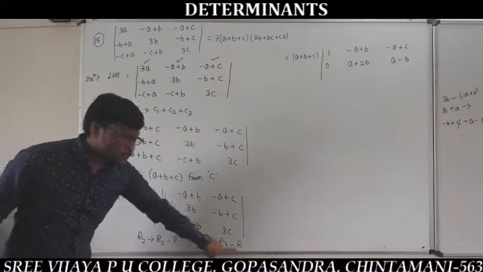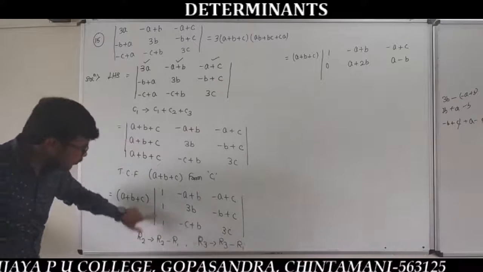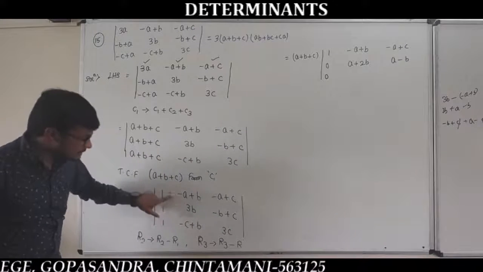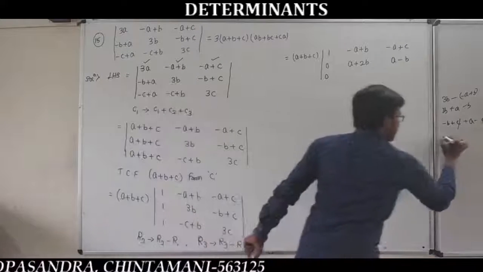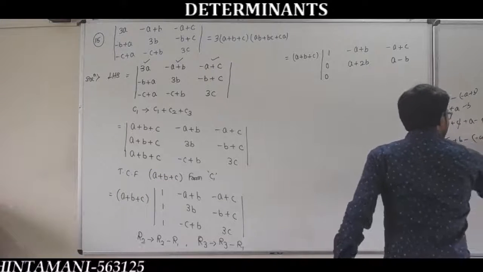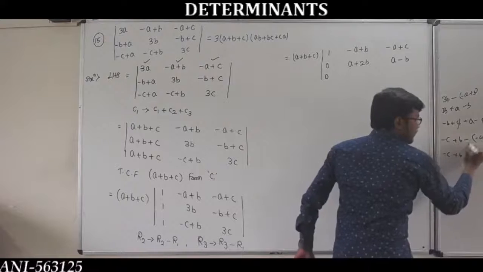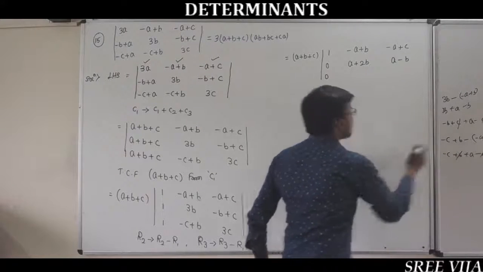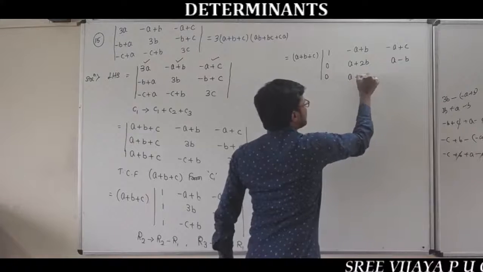Similarly, R3 changes to R3 minus R1. So this minus this, 1 minus 1, is 0. This minus this: minus c plus b minus minus a plus b, so minus c plus b plus a minus b. Plus b minus b gets cancelled, remaining a minus c.